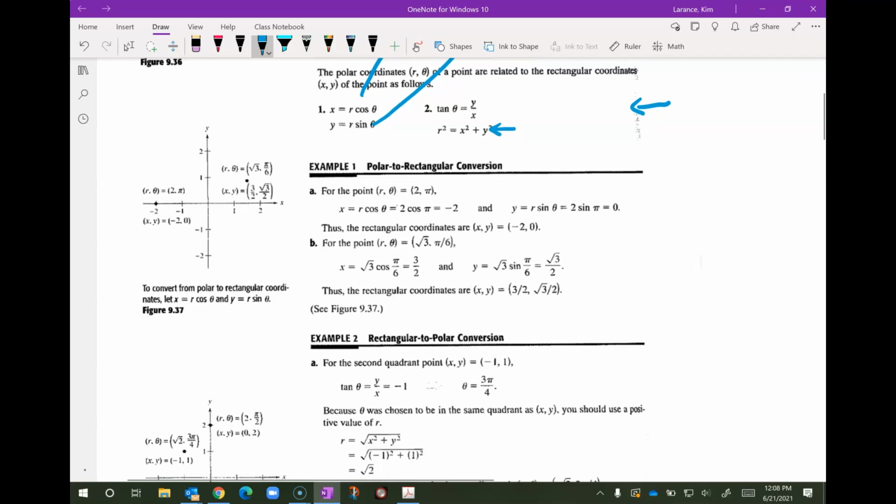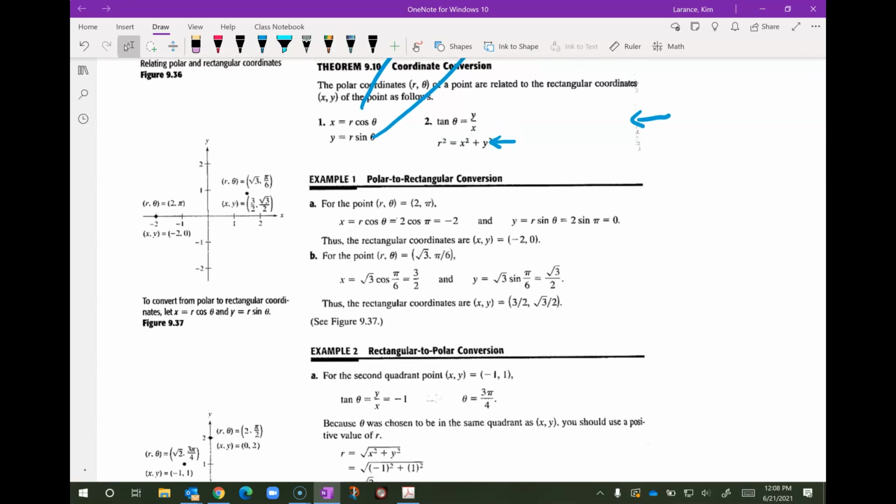So let's talk a little bit and use an example here. For the point (2, pi), x equals 2 times the cosine of pi, and the cosine of pi is -1. So that point, the x coordinate would be -2. And then over here, y equals r times the sine of pi, so 2 times the sine of pi, and the sine of pi is 0, so we've got the point (-2, 0).